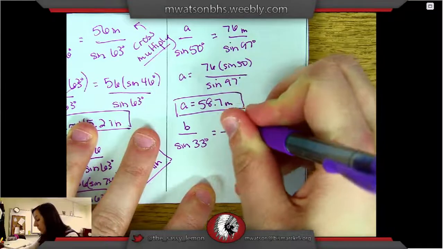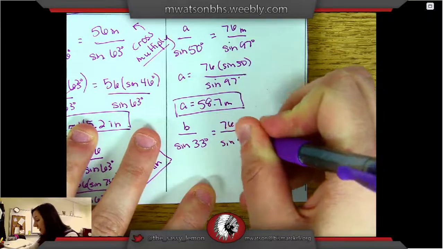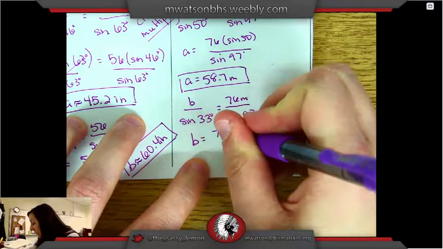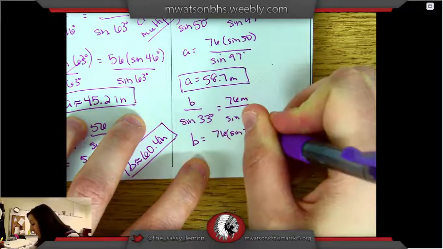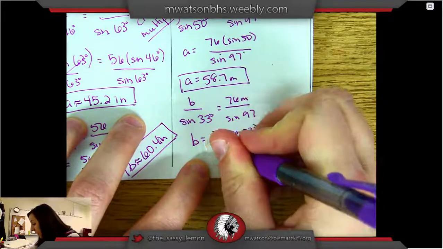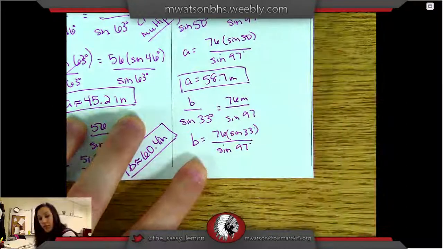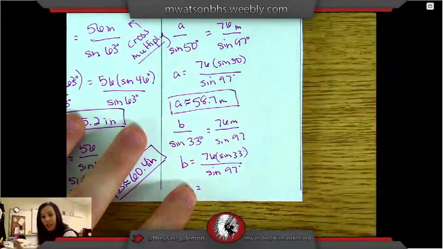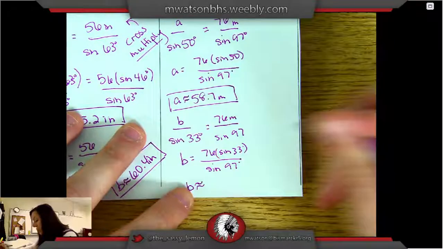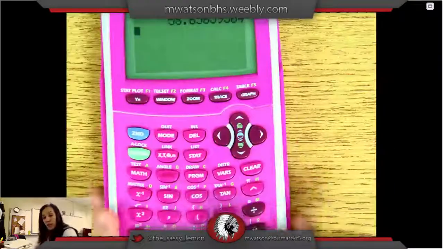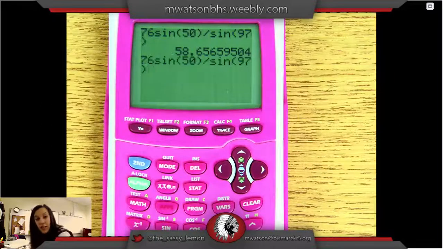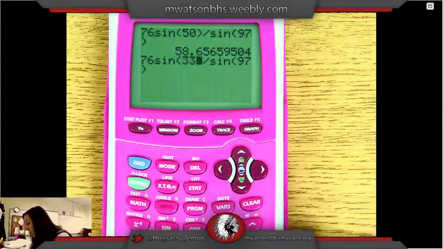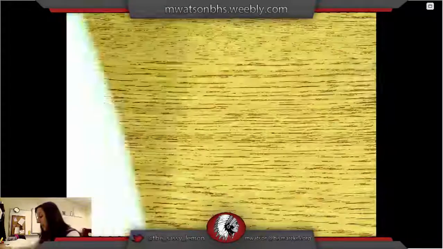So I'm going to do 76 meters over sine of 97, cross multiply divide, and I get B equals 76 sine of 33 over sine of 97. Oh, I forgot approximately. Shame on me. Okay, and this is going to be approximately too. Go over to my calculator, hit second entry, and 50 is what's going to change. It's going to change to 33. And we get 41.7 meters.